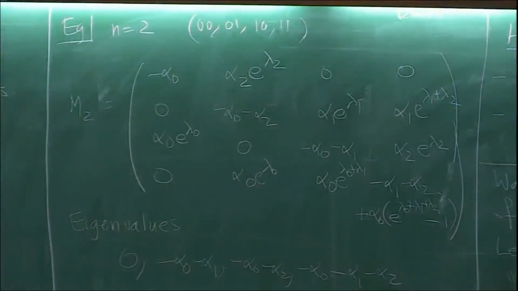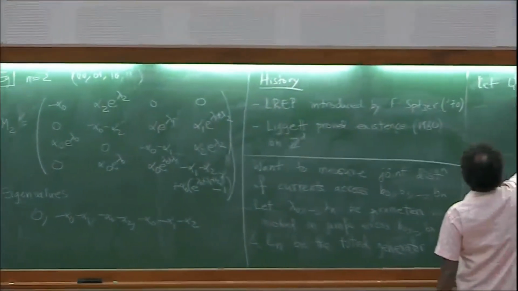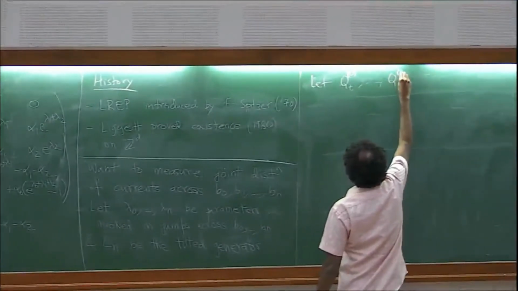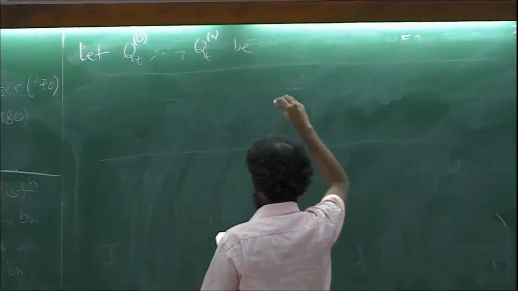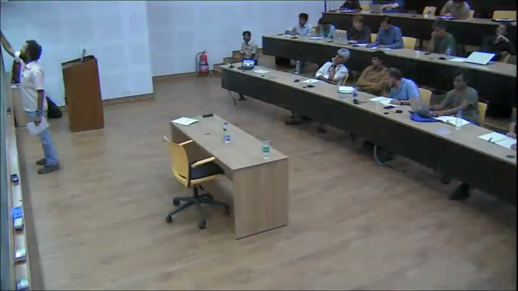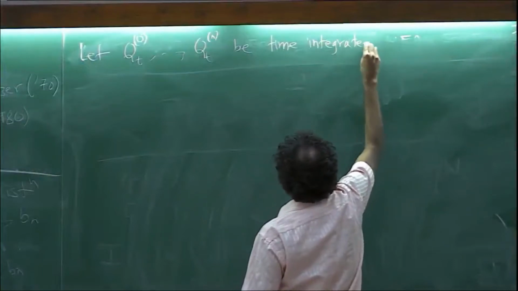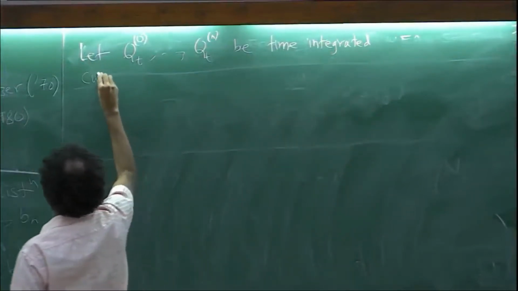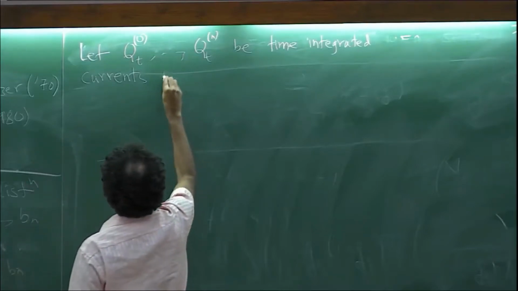Okay, so let me say what this means. Let Q0t up to Qnt be the time integrated currents up to time t.